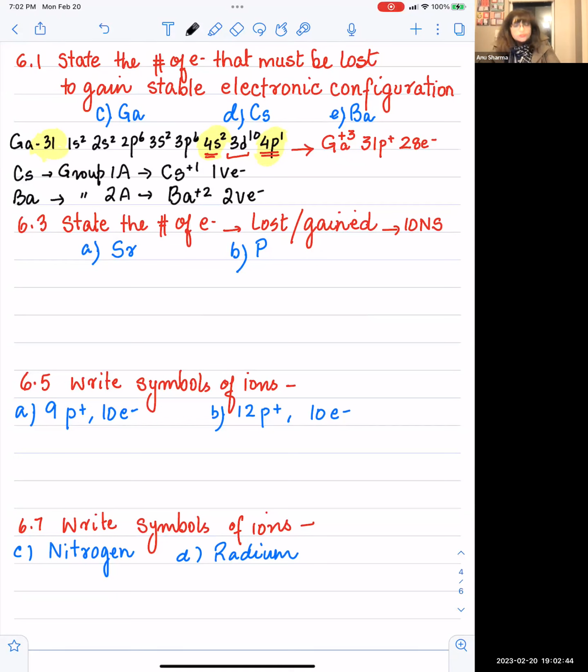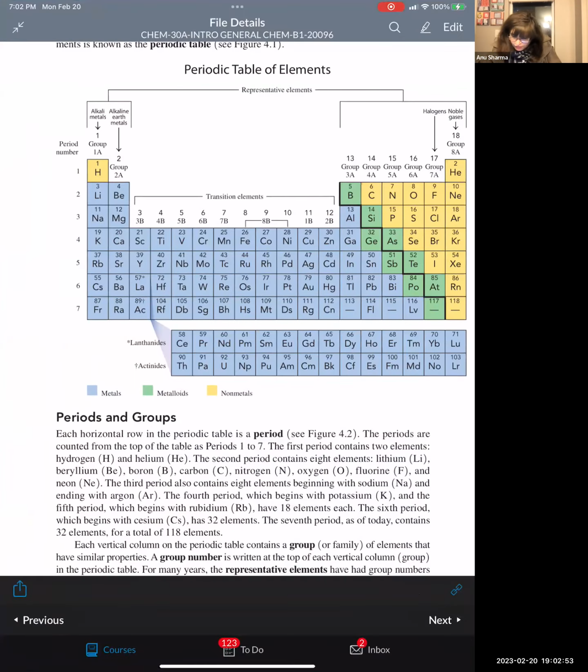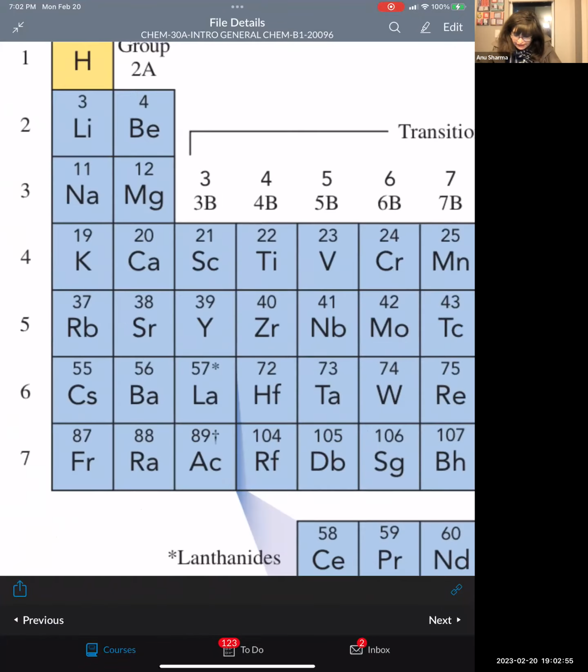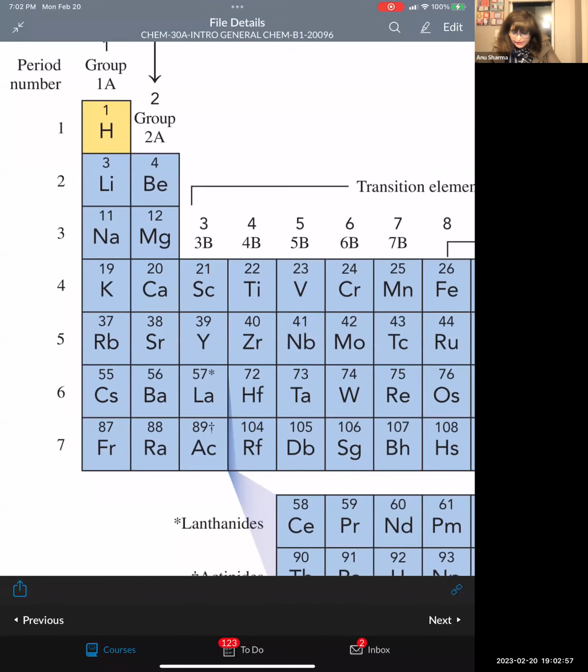Let's look at 6.2. State the number of electrons that should be lost or gained to form the ions. So strontium. Where is strontium present? Strontium is present in group 2A. So how many electrons will be lost or gained? It's easy.